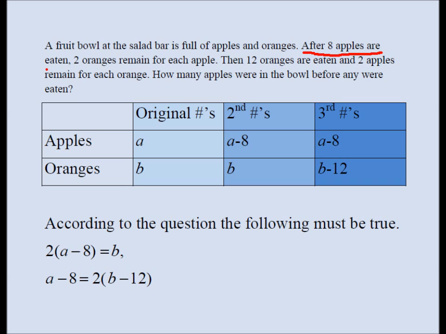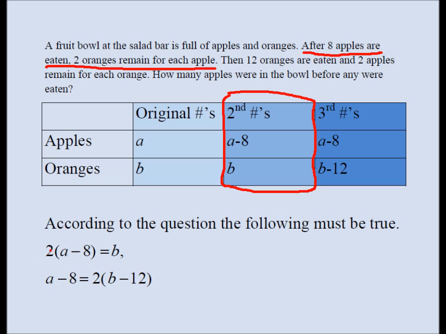after 8 apples are eaten, 2 oranges remain for each apple. That means if you take the number of apples, multiply it by 2, you're going to get the number of oranges. Now this is the scenario after 8 apples were eaten. And the question says there were 2 oranges for every single apple.